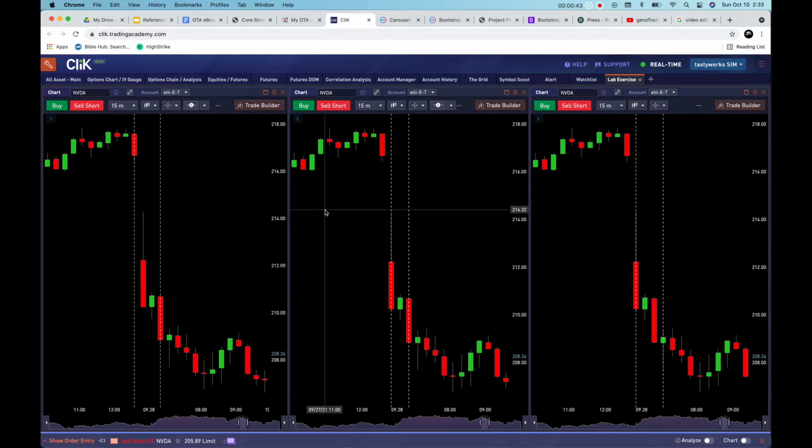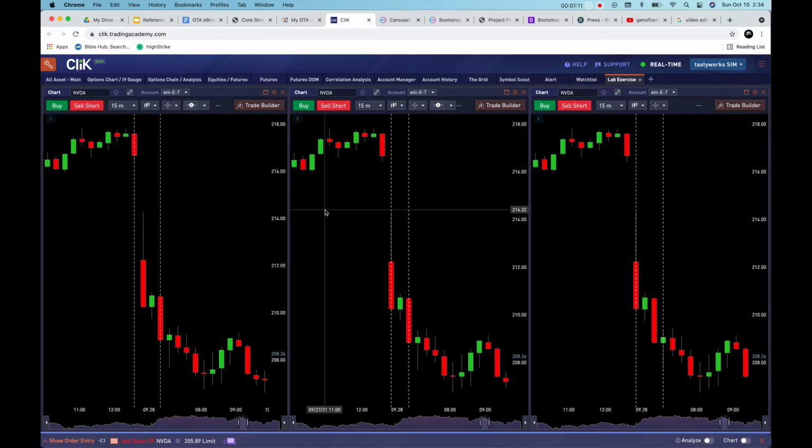Okay, so we have three charts here. You'll start out by seeing if you can figure out which one of these has correctly identified the leg in and leg out and isolated the base. And then after that, we will remove the vertical lines and you will attempt to see if you can identify which one has correctly drawn the supply zone.